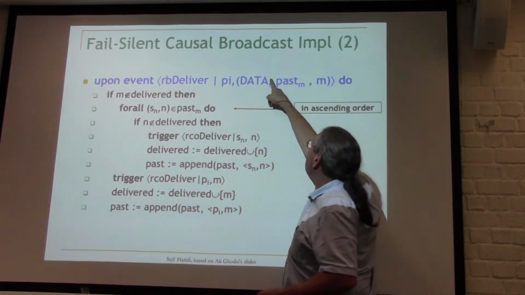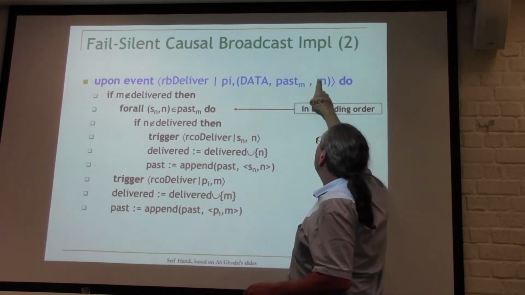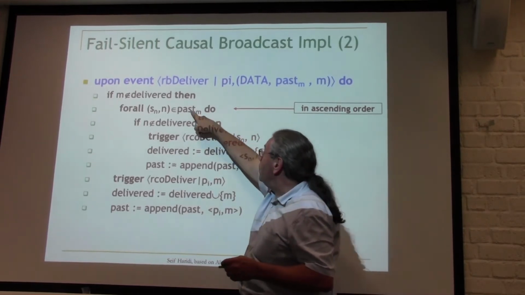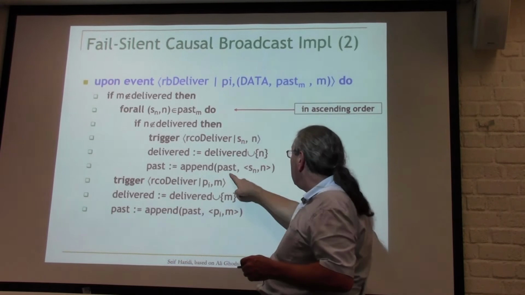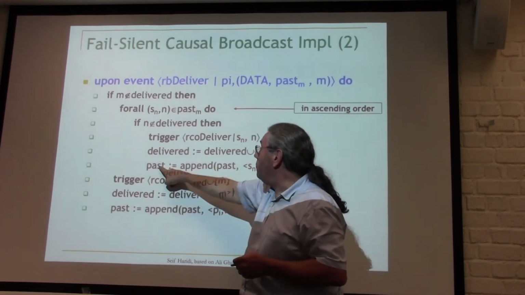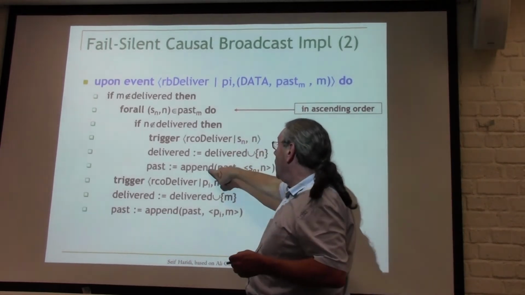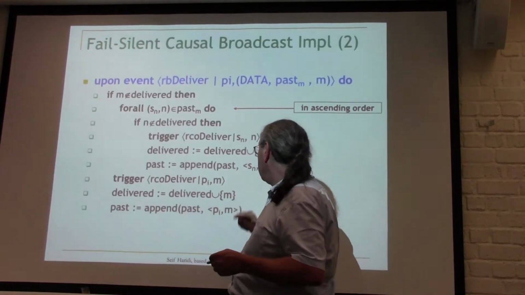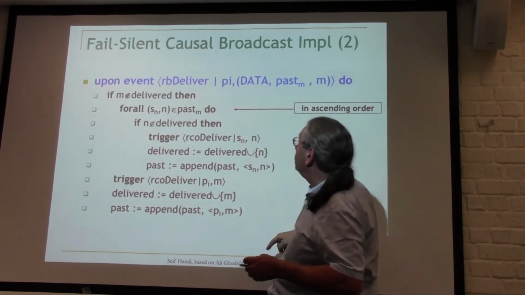These are all the messages that are behind M, past M from the sender. And so these are the ones I look at. And if I actually deliver it here, then I add it to my local past. So past and past M, don't confuse them. And once I do this, I can do the RCO deliver of M. I add it to the delivered set, and I can add M itself to the past list.